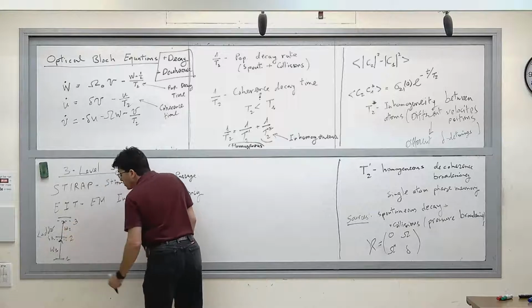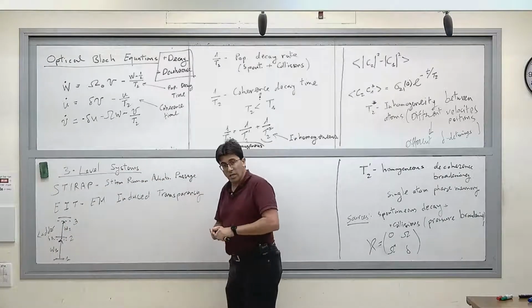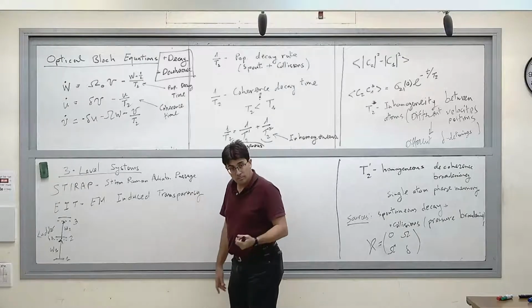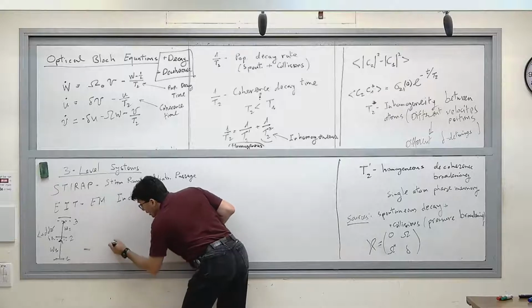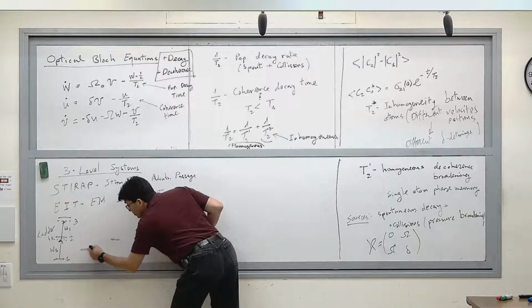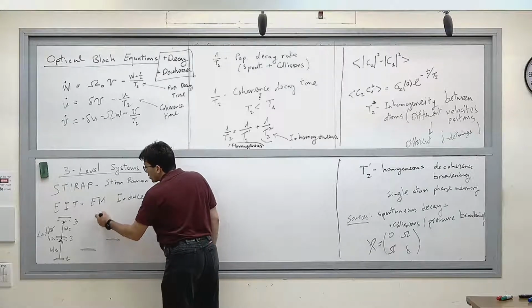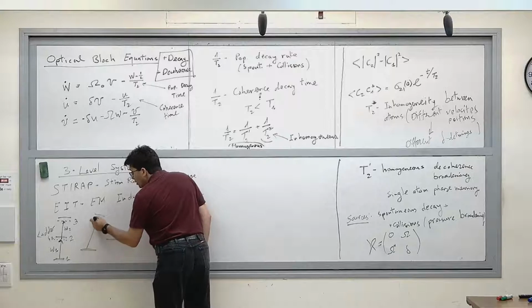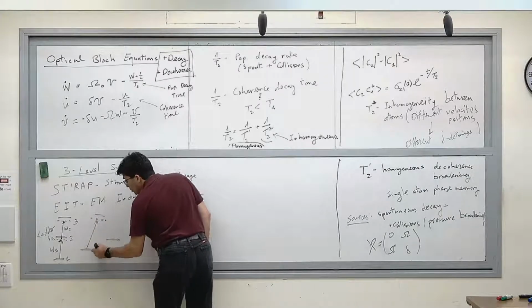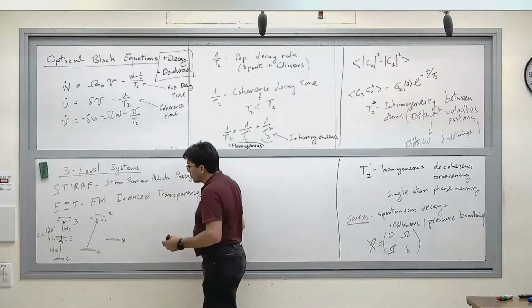Now, there could be a lambda system. What does it mean? There are two low states and one excited state. Again, there will be a laser 1, so this would be state 1, this would be state 3, this is state 2.